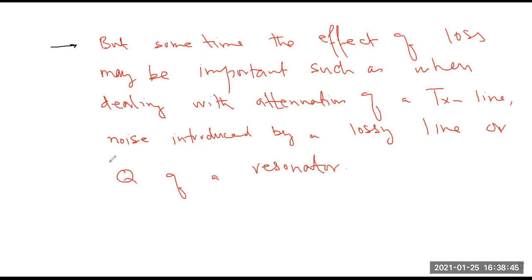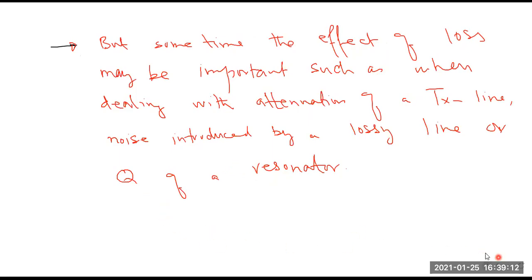So it means that we cannot always ignore losses of a transmission line. And these are some of the cases that I have pointed out. So whenever you are solving something related to attenuation or noise or the quality factor of a resonator, then you have to quantify the losses.